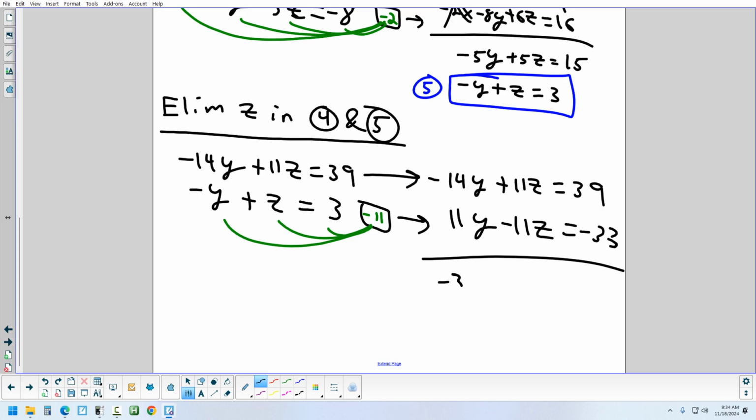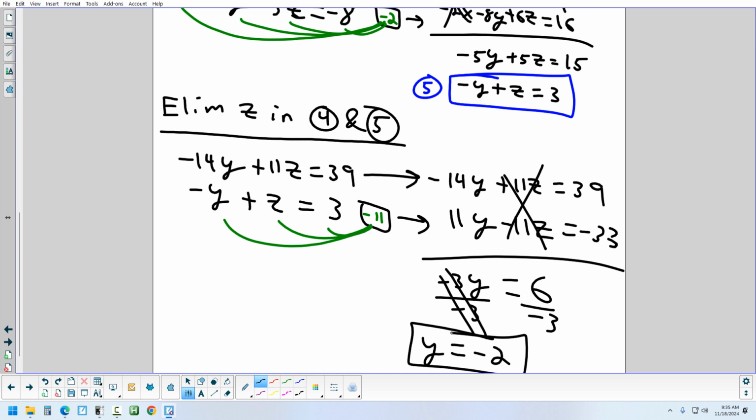Negative 3y. 11z and negative 11z, what's going to happen there? Those are going to cancel out. And 39 plus negative 33? 6. And how do we get rid of the negative 3 in front of y? Divide by negative 3. That's gone. And what's our first answer? Negative 2.